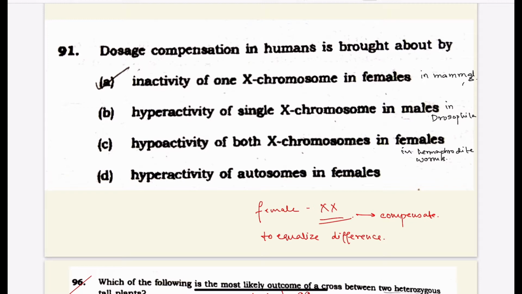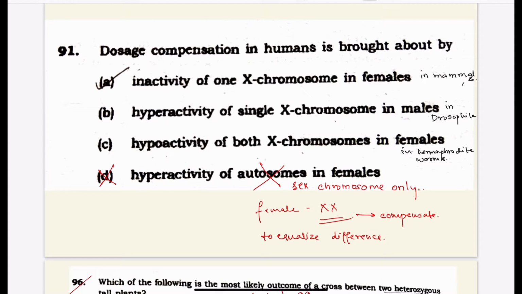Another important thing is that dosage compensation happens only to the X chromosomes, a modification of only the X chromosome. The last option mentions autosomes, so that option is not the one, and we'll cross it out.